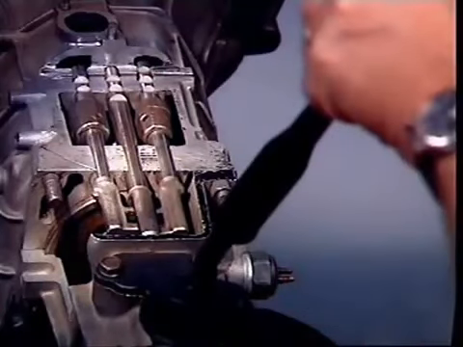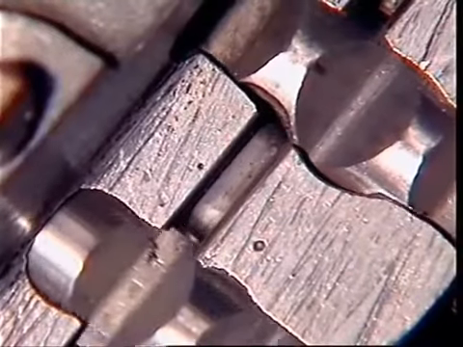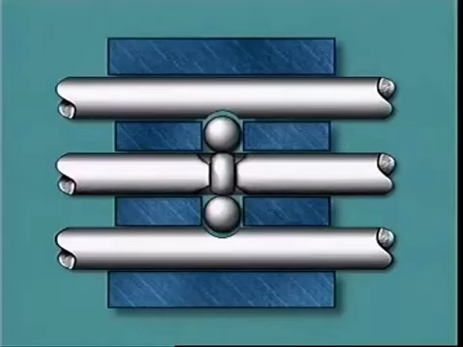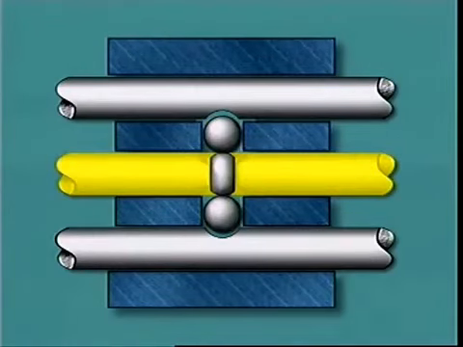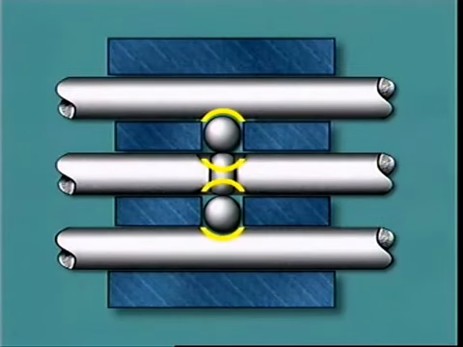When a gear is changed or selected, an interlock mechanism prevents more than one gear being engaged at the same time. In this design, 2 steel balls locate in the casing between the center and the outside shift rails, and in alignment with grooves machined in the shift rails.